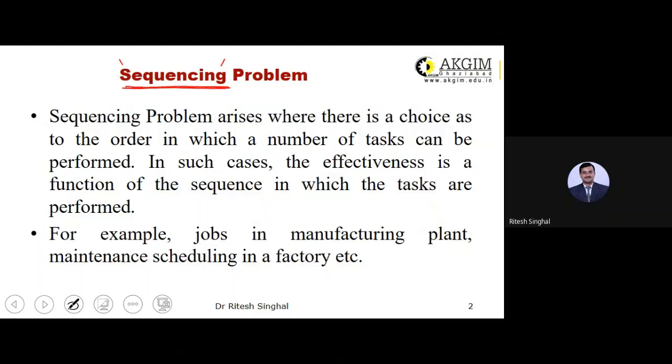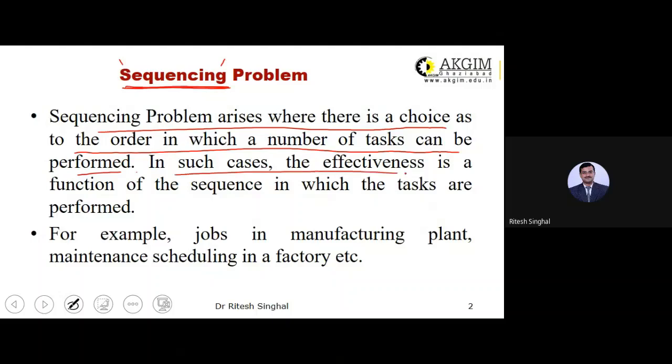Whenever we make some sequence of the jobs given to us, our objective is to find the optimal sequence where all the jobs are completed within minimum time. So a sequencing problem arises where there is a choice as to the order in which a number of tasks can be performed. Whenever you have a choice, this optimal sequence will give you an arrangement of jobs so that your total time taken is minimum.